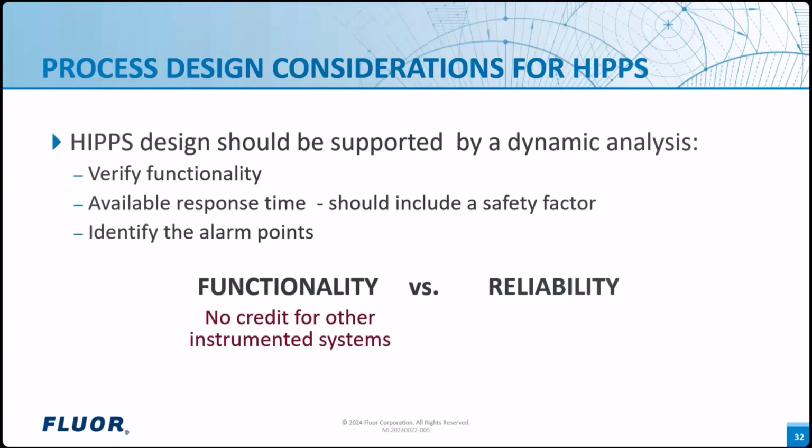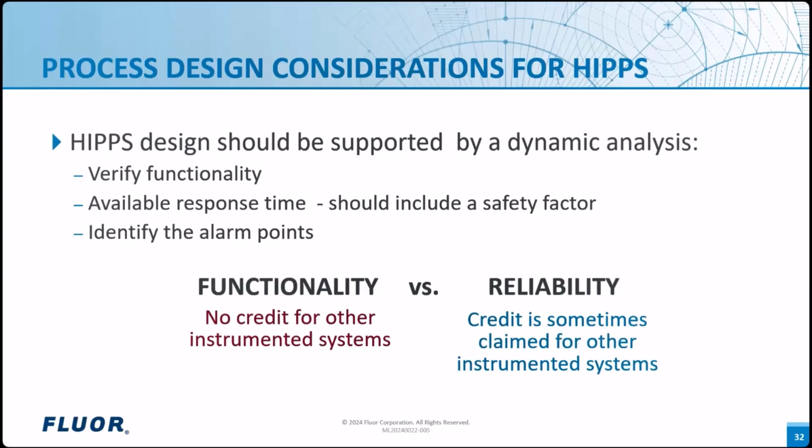The HIPPS must be able to function and prevent the overpressure independent of the actions of other control functions. This is similar to the traditional design assumptions we described earlier with the PSV. However, a unique aspect of HIPPS is that the reliability does sometimes credit other instrumented systems. We will discuss this aspect a bit more later.